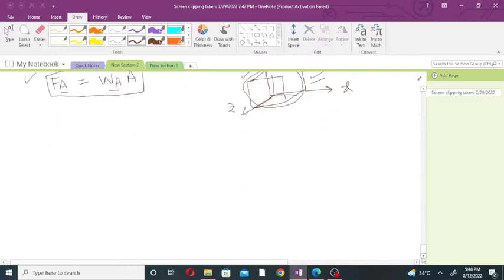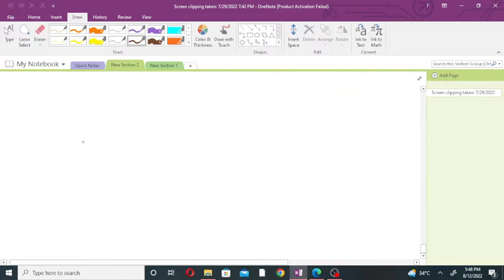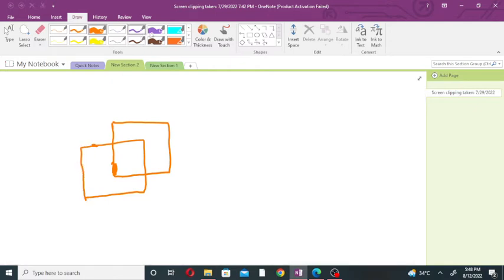Now we will derive the molar flux balance equation in Cartesian coordinate system.